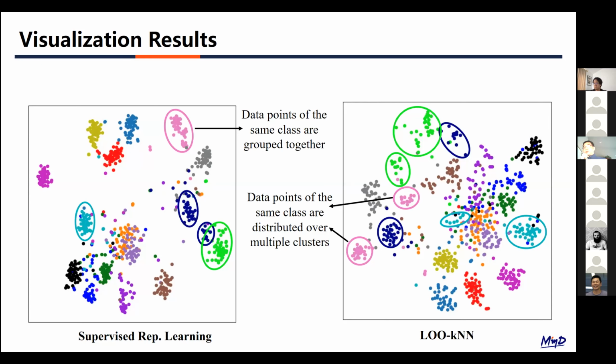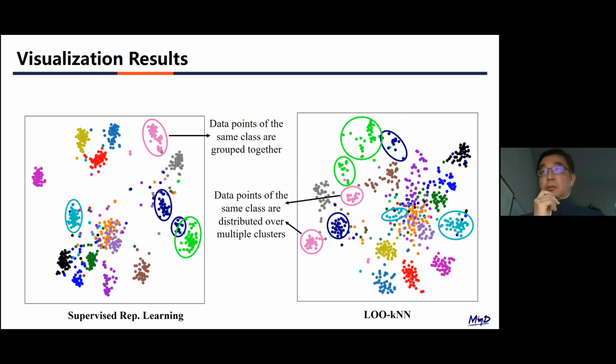But if we come to the proposed method, look KNN, it turns out many of the classes are split into 2 different clusters. That really indicates that by utilizing the k-nearest neighbor leave-one-out classifier, you are able to avoid the issue of supervised learning, which is to push all the data points close to each other to form tight clusters.